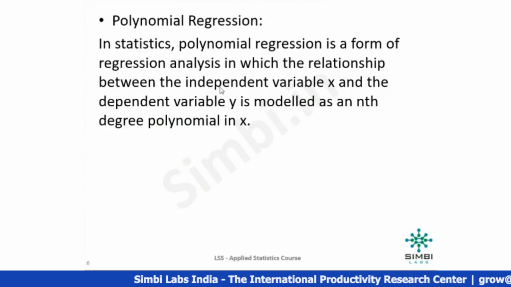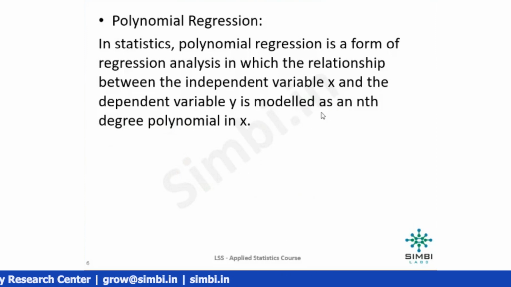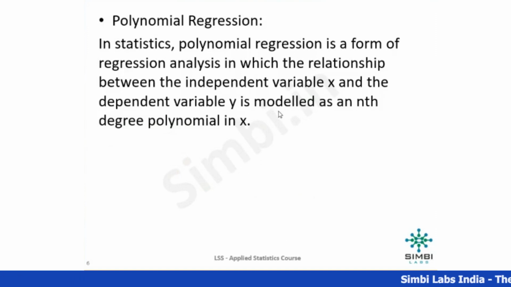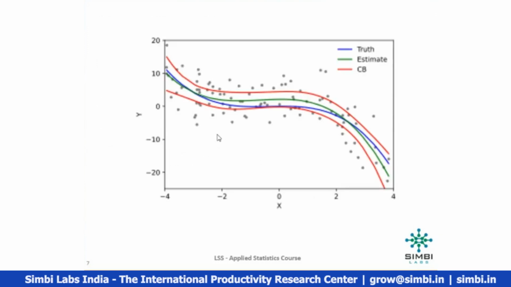This is just the basic meaning of polynomial regression. As we know, we have the dependent variable and independent variables, and based on that we need to find out the relationship between those two variables. For that we use this model as an nth degree polynomial in x.